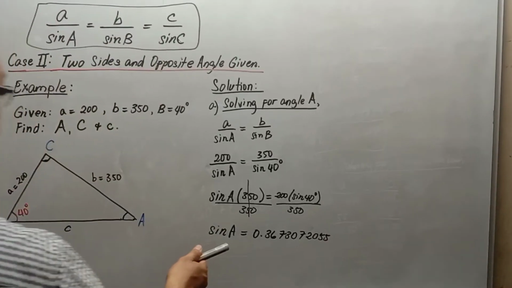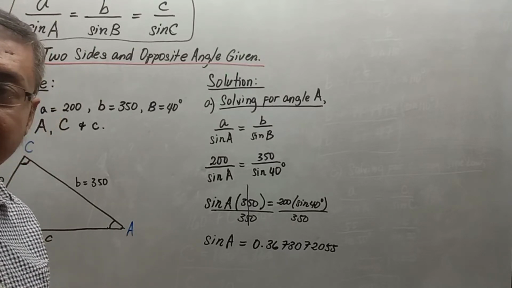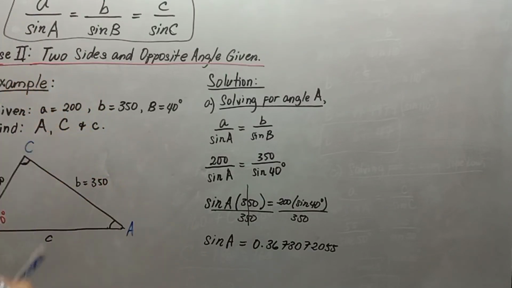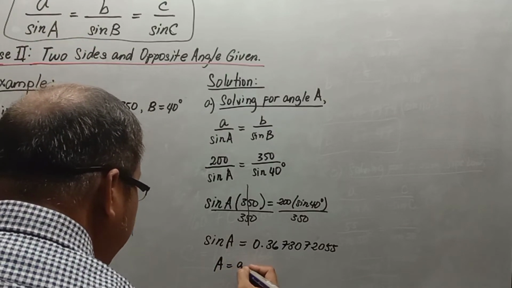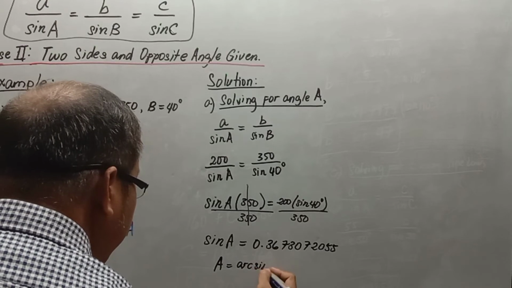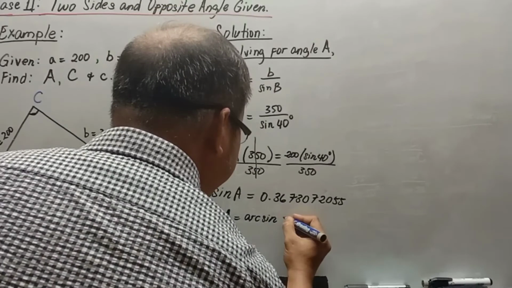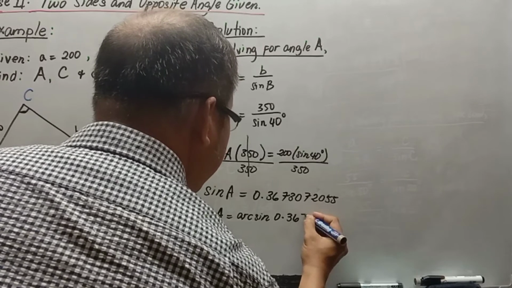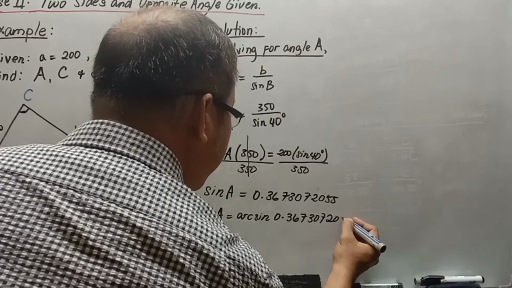Okay. So how will you find the angle A, guys, in this particular expression? We need to apply the inverse sine, or arc sine. So A will be arc sine of this value, 0.36730720 55.